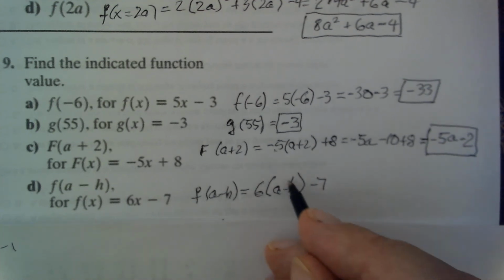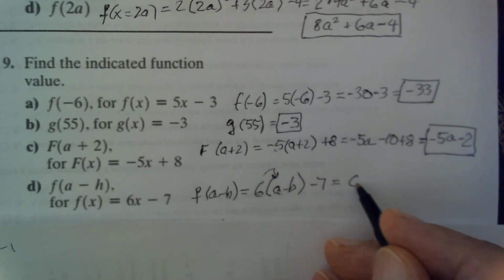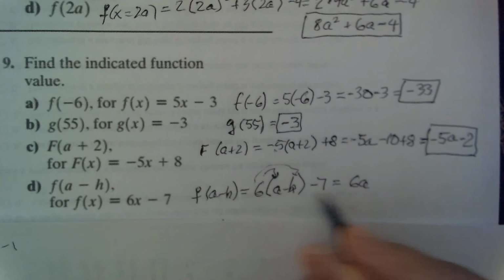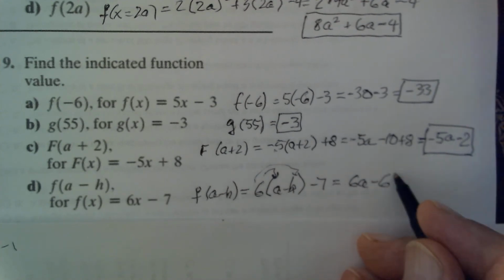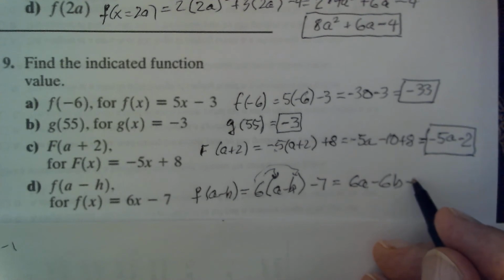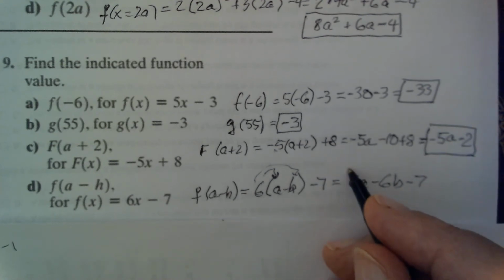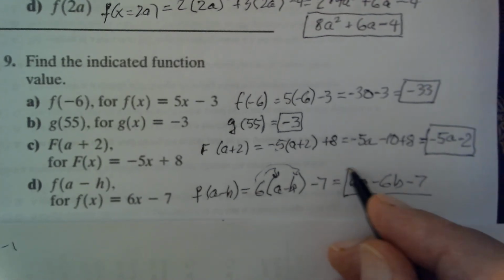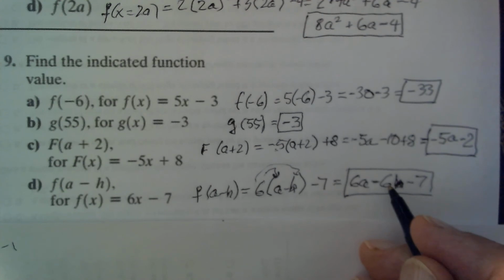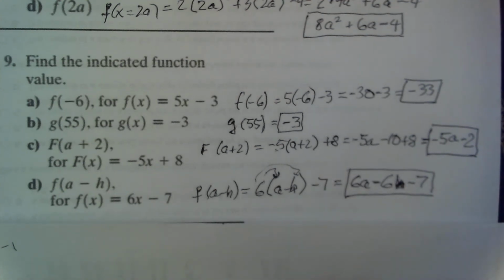And using the distributive property, 6 times a is equal to 6a, and 6 times minus h is minus 6h, minus 7. So that's how you compute function values.